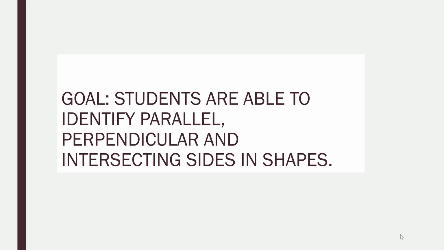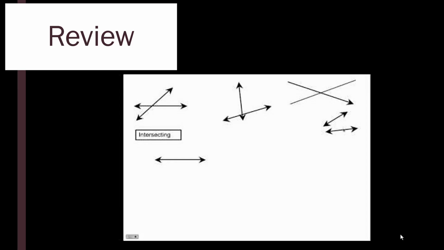Our goal, students, today is to be able to identify parallel, perpendicular, and intersecting lines, sides in different shapes. So identifying them in rectangles, squares, triangles, etc. This is a video here, and I'm going to link it in the description.